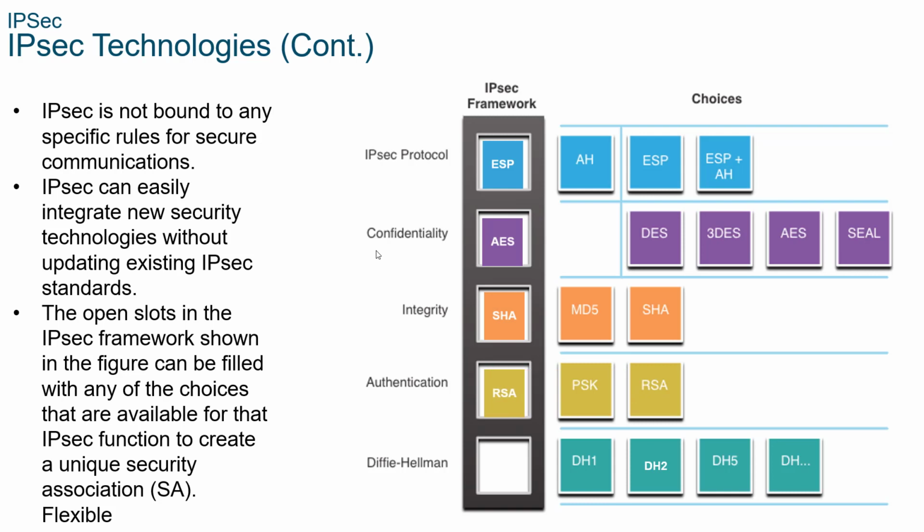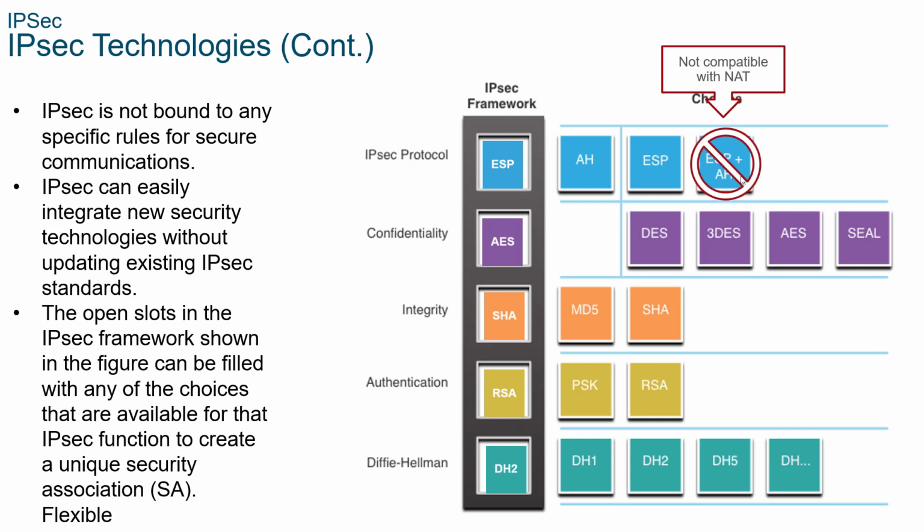And what version of the Diffie-Hellman algorithm will I use? We'll use DH2. Okay. So now we don't typically use ESP plus AH, and the reason is because in an IPv4 network that's going across from a private network to a public network, we have to use NAT. And NAT does not work with ESP plus AH. So let's just review.